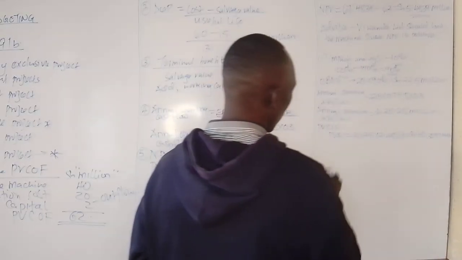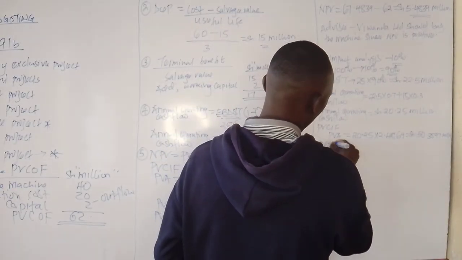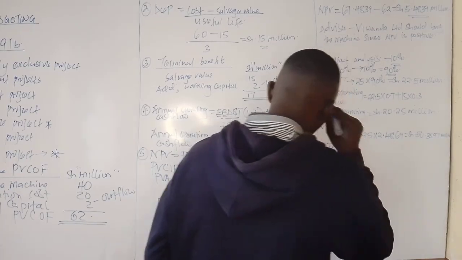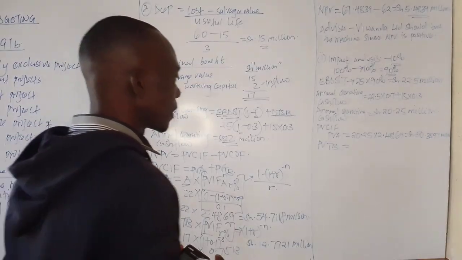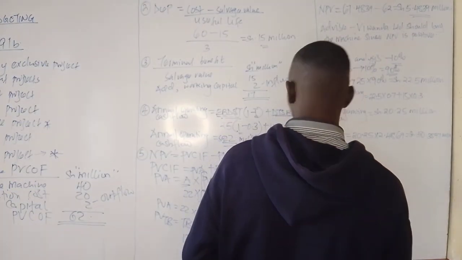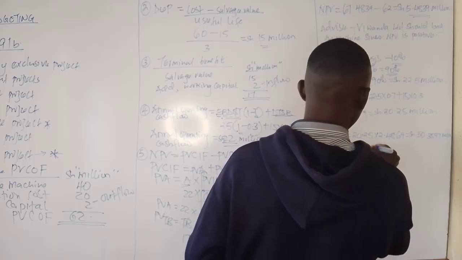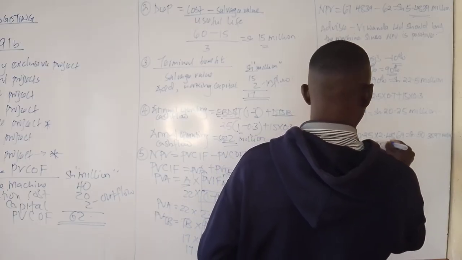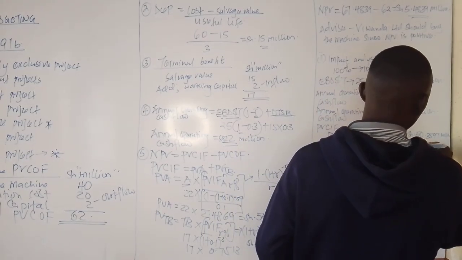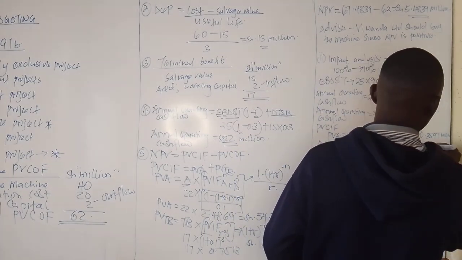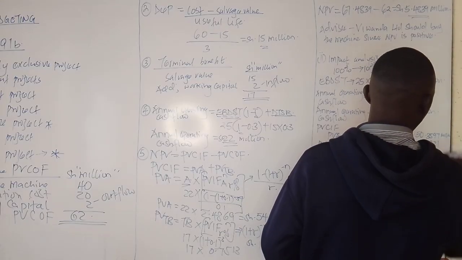Once we have that, let us compute the present value of terminal benefit. The present value of terminal benefit also will remain the same. It will be 17 times 0.7513, which will give us 12.7721.